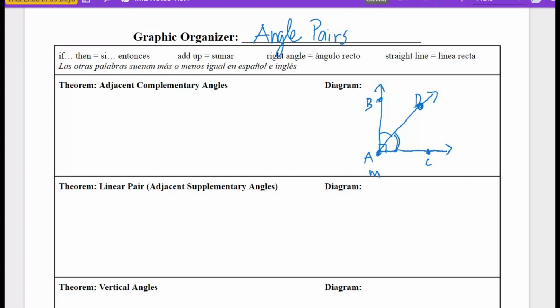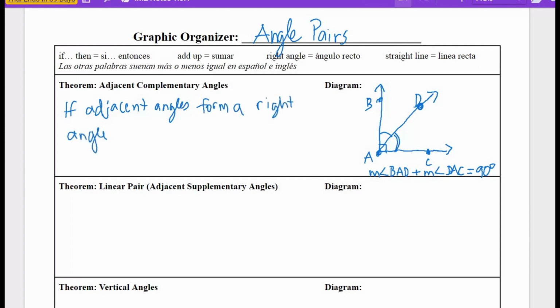The measure of angle BAD will be complementary to the measure of angle DAC, meaning those angles will add to 90 degrees. If adjacent angles form a right angle, then they add to 90 degrees.